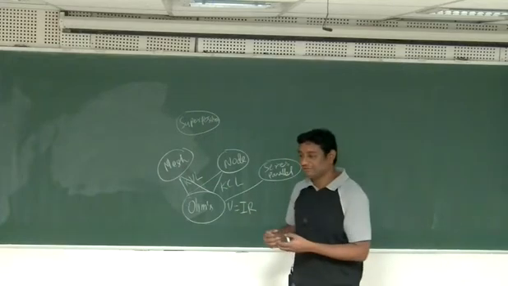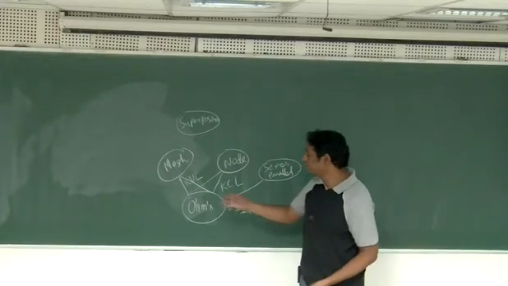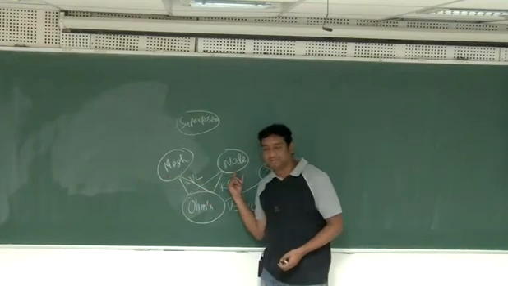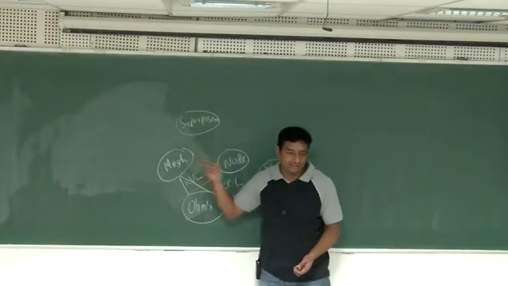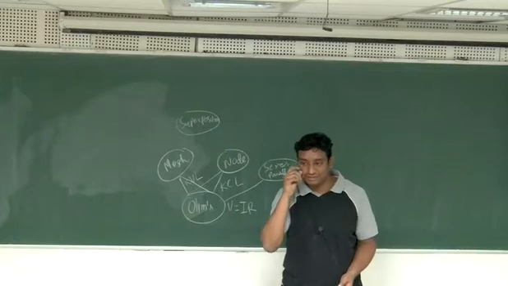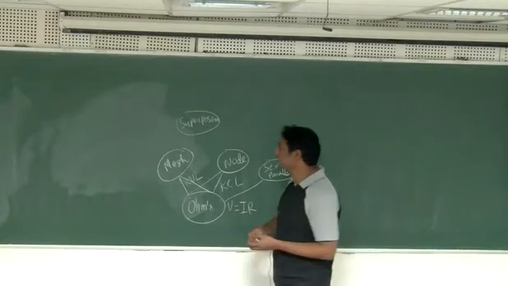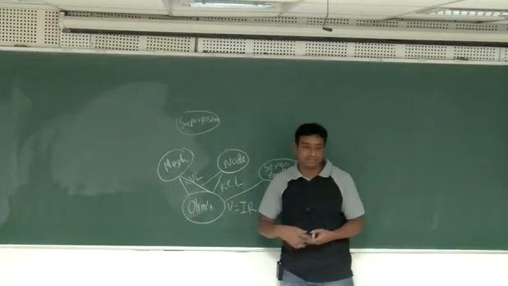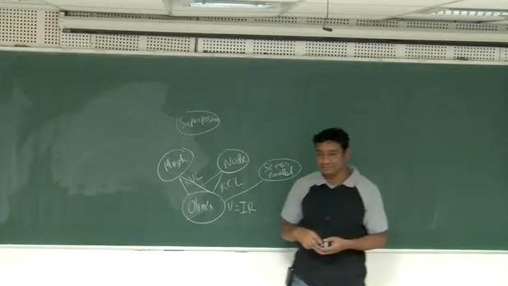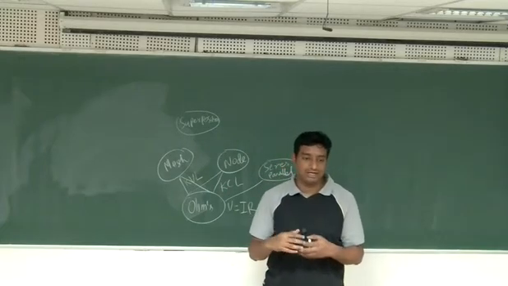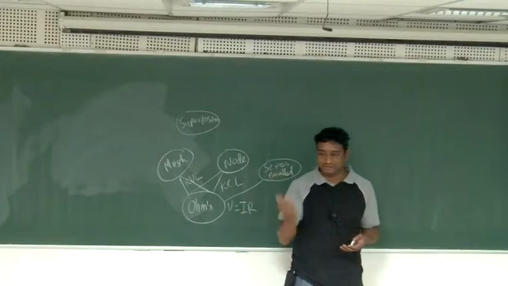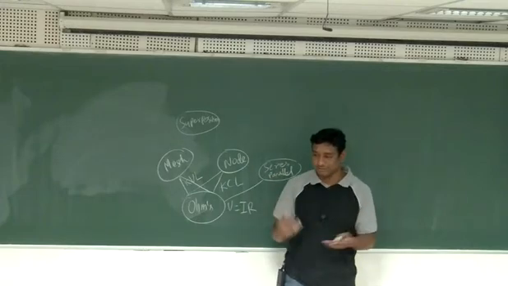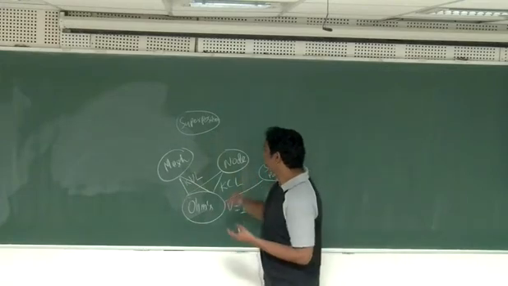In fact, we did that. We used the same circuit and solved it with mesh analysis, with node analysis, and with the superposition theorem. All three times we got the same answer. So what is the superposition theorem? If there is more than one source, take one source at a time. Other sources, if it is a voltage source, short circuit it. If it's a current source, open circuit it, and then solve it. So that was the superposition theorem.